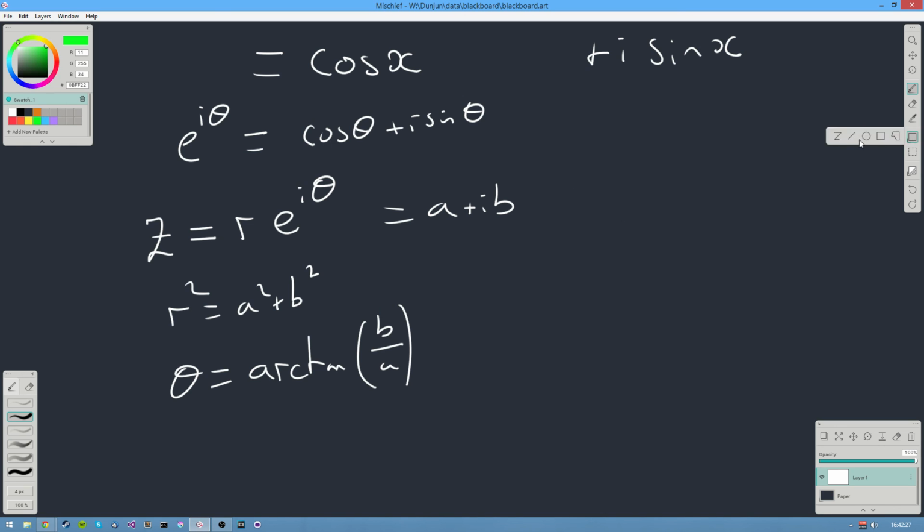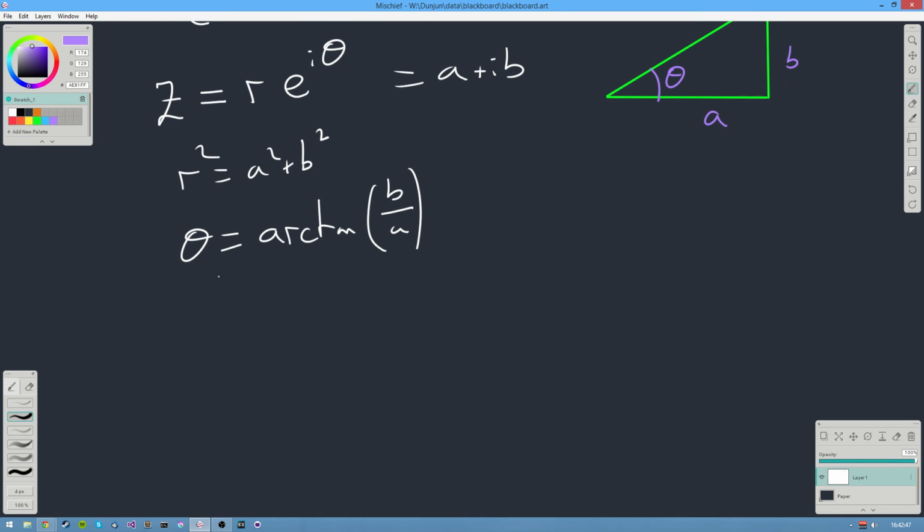So if we draw another triangle here, like so, this is A, that's B, that's theta, and to calculate it you do SOHCAHTOA, so B over A equals tan theta. So that's it.